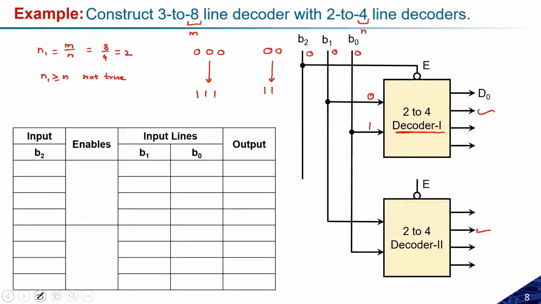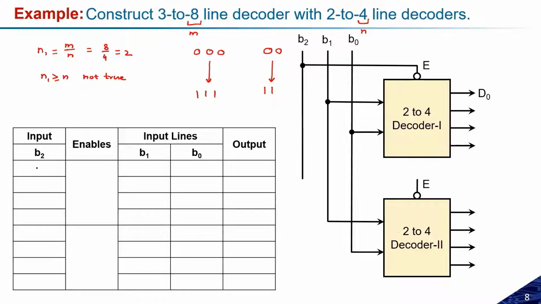So what will happen if I have a control like this? If I connect B2 to the enable, and B1 and B0 to the 2 inputs, the first output could be D0. Let us make the truth table.